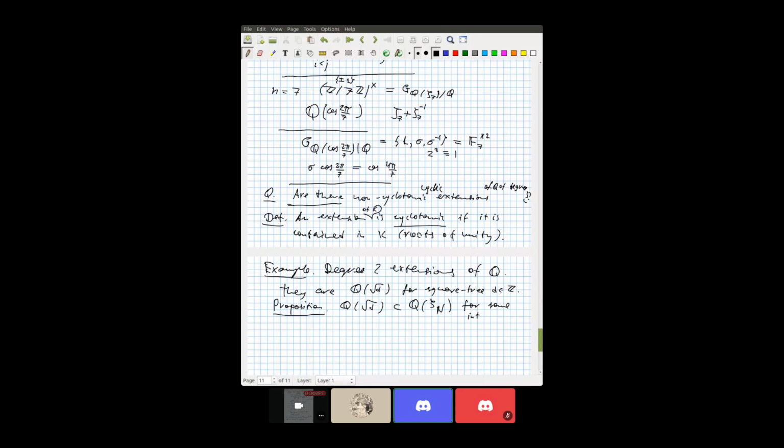So the claim is that this is contained in some cyclotomic extension, so it is a subfield of a field generated by some primitive root of unity, for some integer n.